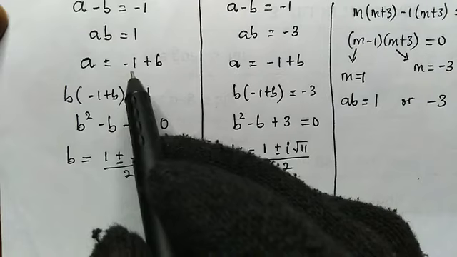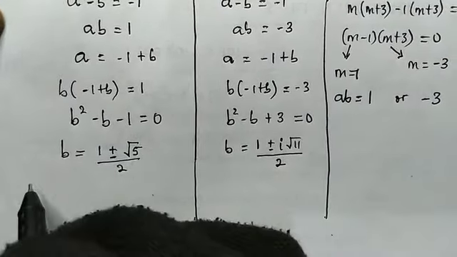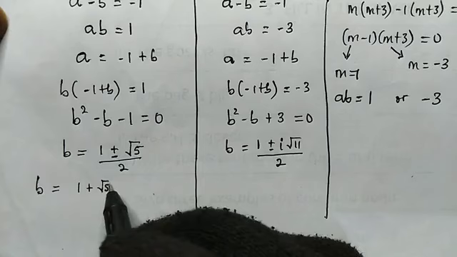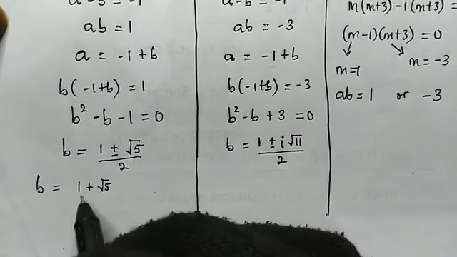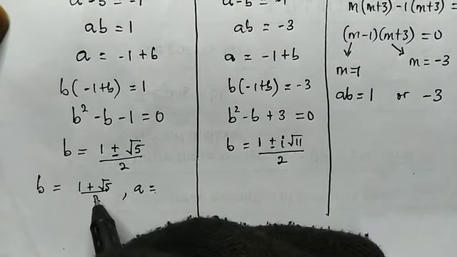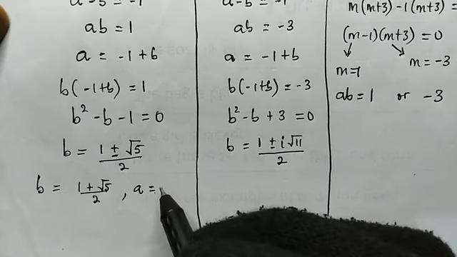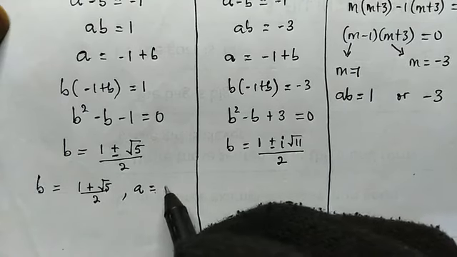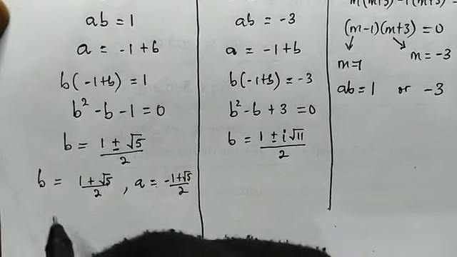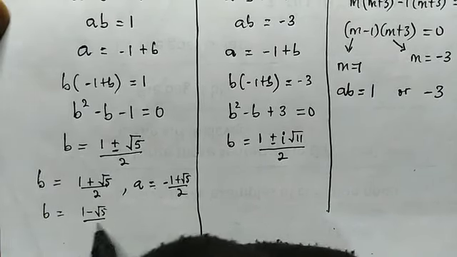Okay, remember that negative 1 plus b is same as b minus 1. So we have that when b is equal to 1 plus root of 5 divided by 2, a will be equal to this minus 1. If you check it out, that would be negative 1 plus root of 5 over 2. So we have again b is equal to 1 minus root 5 over 2.